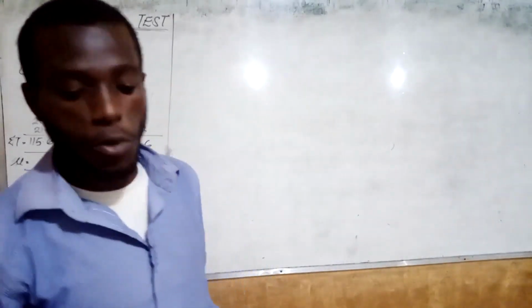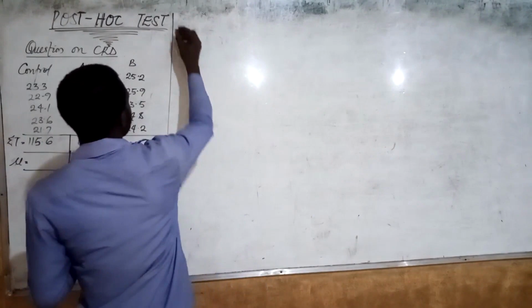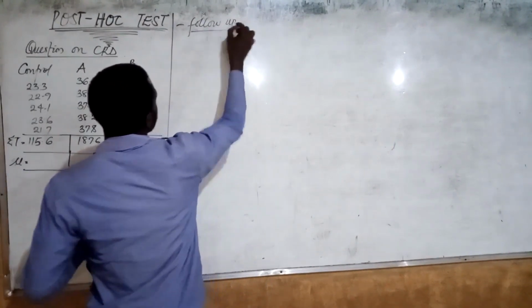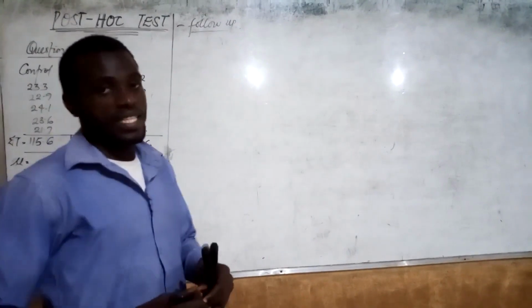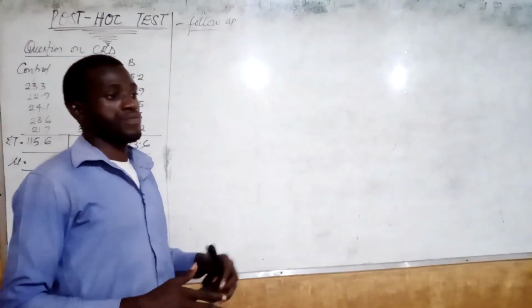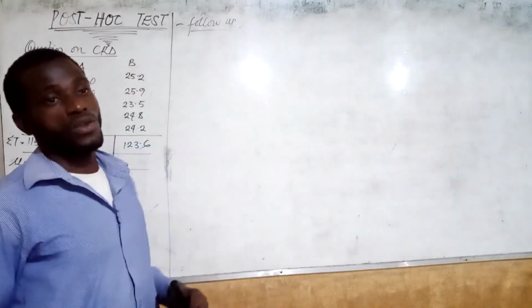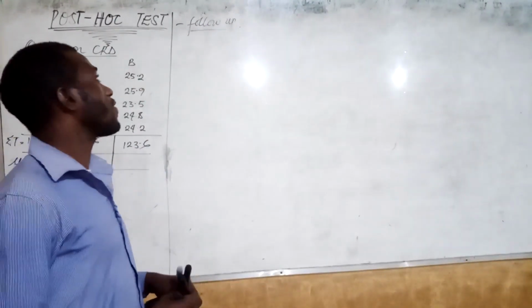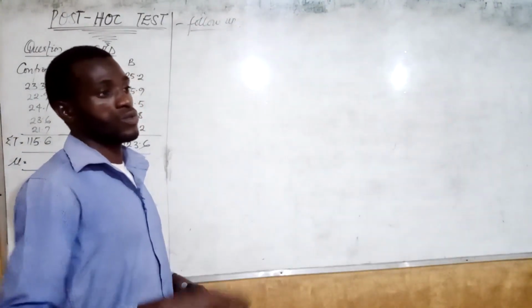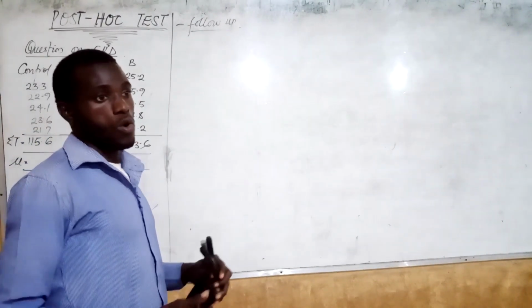Now first, what is a post hoc test? A post hoc test is a follow-up test. That is, after ascertaining that there is a significant difference within the means of the treatments that you have analyzed, you now carry out a test to identify which particular treatment is significantly different.